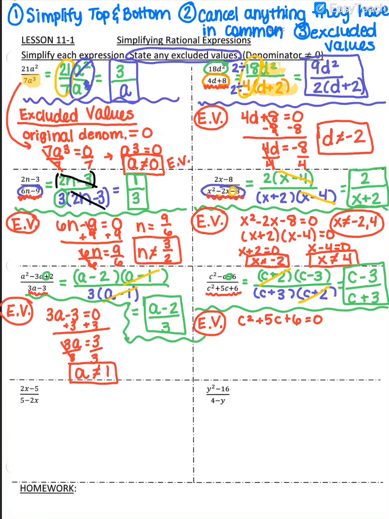And I'm going to factor it, which I already did, which is c plus 3, c plus 2 equals 0. And that means that I'm going to set each piece equal to 0. So I'll have c plus 3 equals 0, c plus 2 equals 0. So c cannot be equal to negative 3, and c cannot be equal to negative 2. So those two are my excluded values.